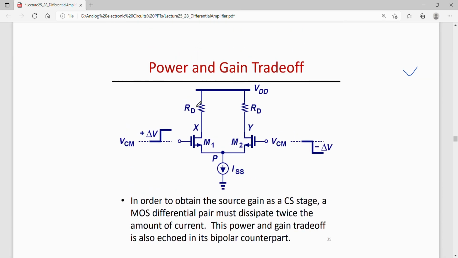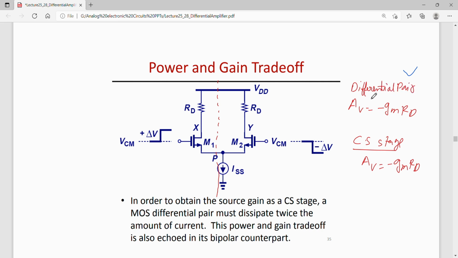The overall gain of this differential pair is minus GM times RD, and the gain of the half circuit, which is actually a common source stage, is also minus GM RD, in this case also, for the complete differential pair.